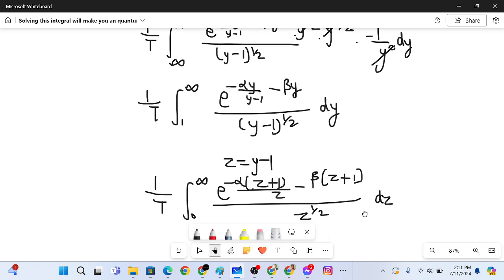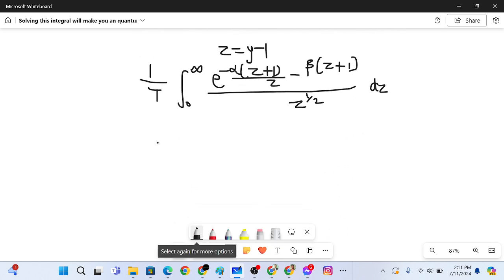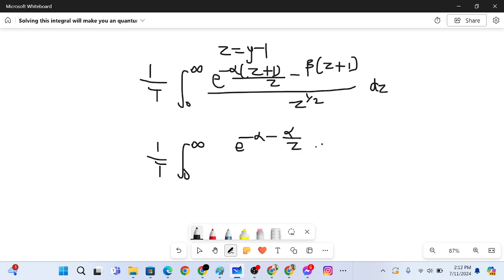Okay. Now next is 1 by 2 integral from 0 to infinity of e to the power minus alpha by z minus beta z, divided by z to the power 1 by 2, dz. Good.